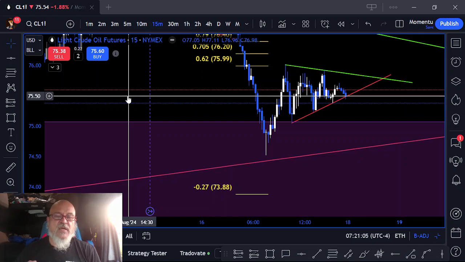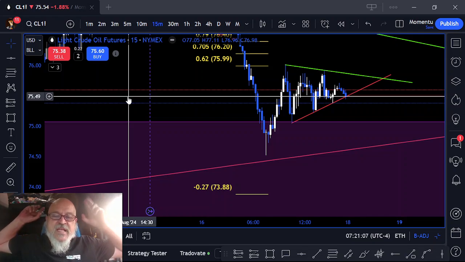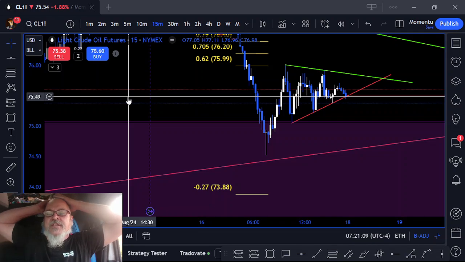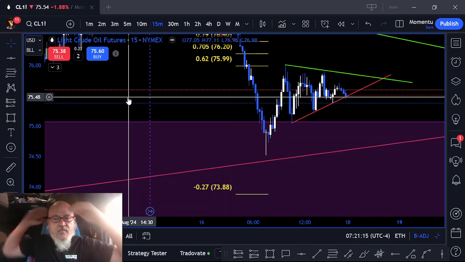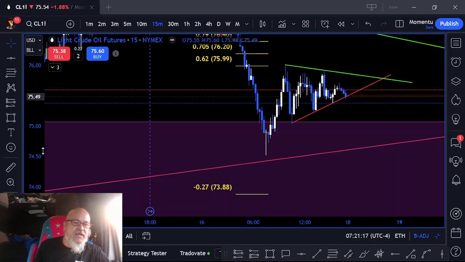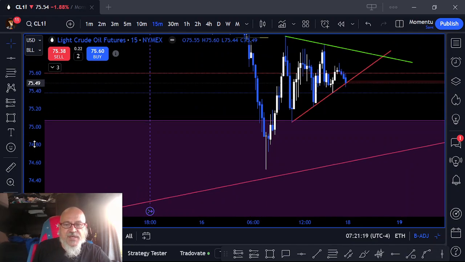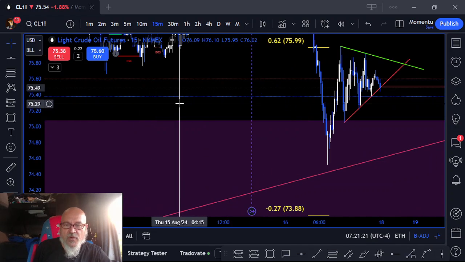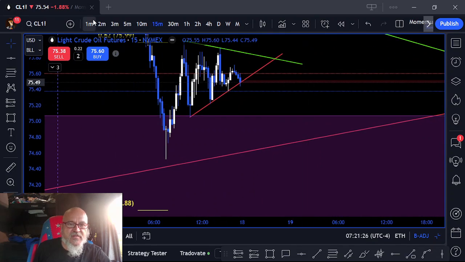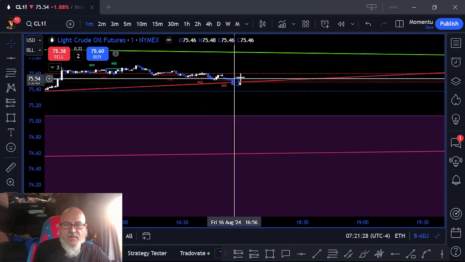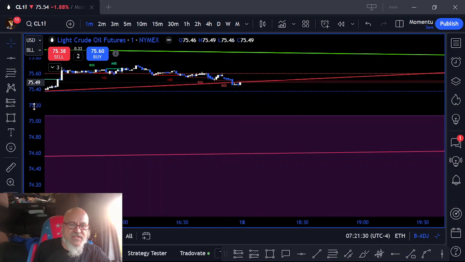I just kind of got the tinglies when I started looking at the CL chart and seeing all of this confluence with levels. And then when I threw the fibs on or the trend lines on, it got me a little bit more interested, gave me a little bit more confluence, especially if we can hold this trend line right here to the downside.